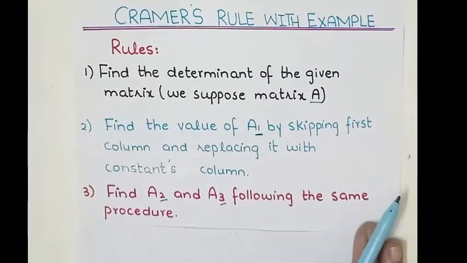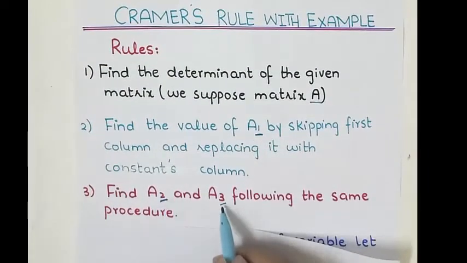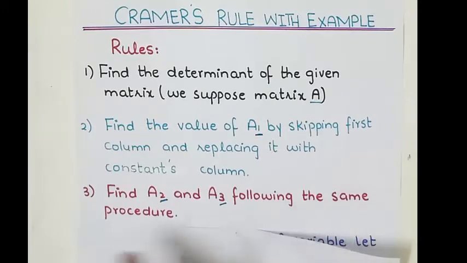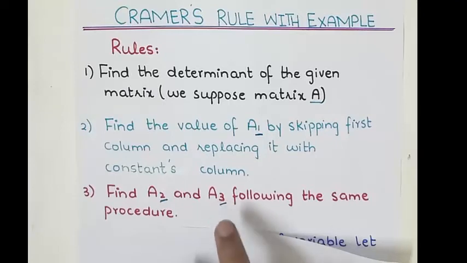Rule number 3 says find A2 and A3 following the same procedure. Since it's A2, we will skip the second column and replace it with the constants column. Similarly for A3, we will skip the third column and replace it with the constants column. The constants column is only one column; the same column will go in each of A1, A2 and A3.